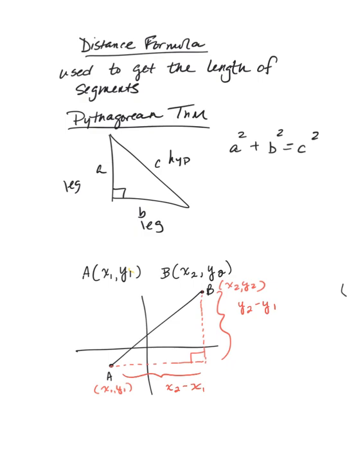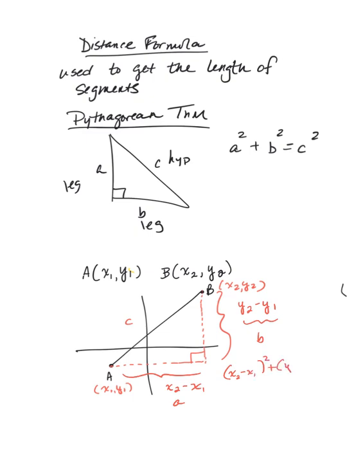Now, keep in mind, this is really your A in your Pythagorean theorem, this is your B, this is your C. We're looking for C. Actually, I'm going to switch out the A and the B. So this is your A, this is your B, this is your C. So when you take your A, we have (x2 minus x1) squared.